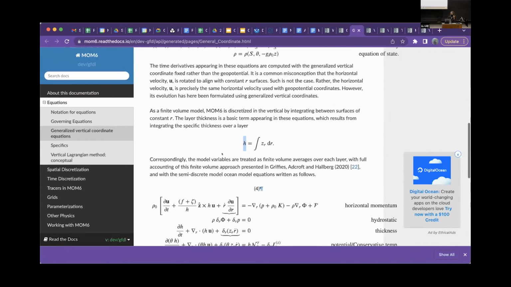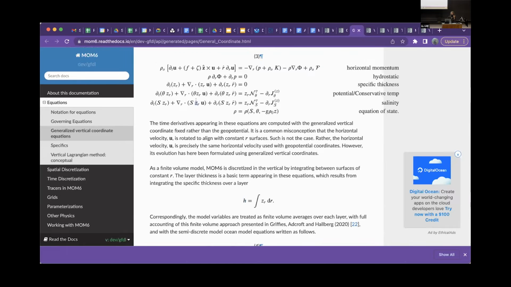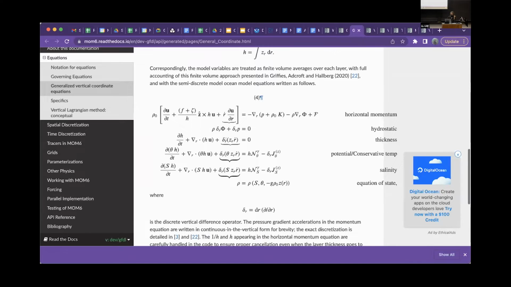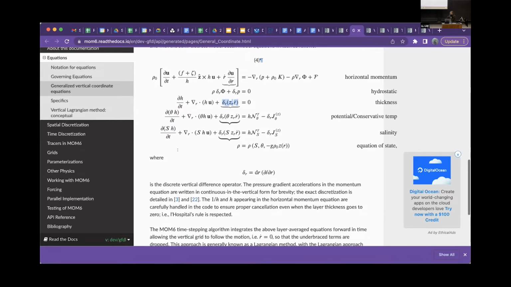When you do that, these Z sub R terms appearing in the continuous equations become H in most spots, like we have in the thickness equation. And these R dot terms correspond to transport across R surfaces. We call those diasurface transports. If it's isopycnal, it would be diapycnal transports, okay? And that is the stuff that moves material and momentum properties across your coordinate surfaces.